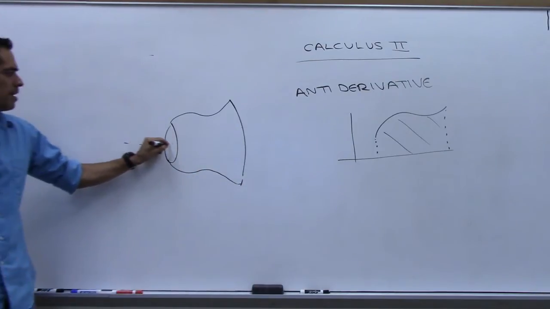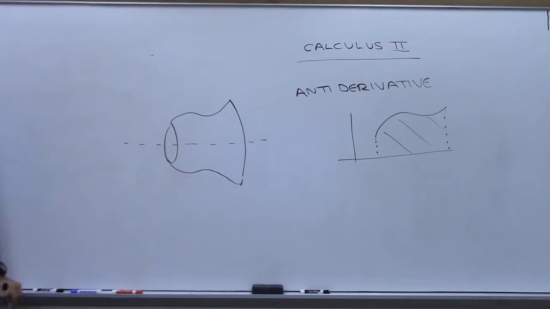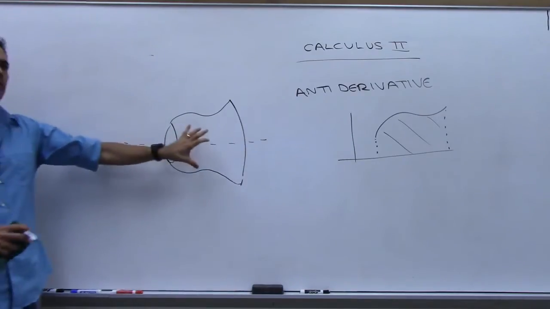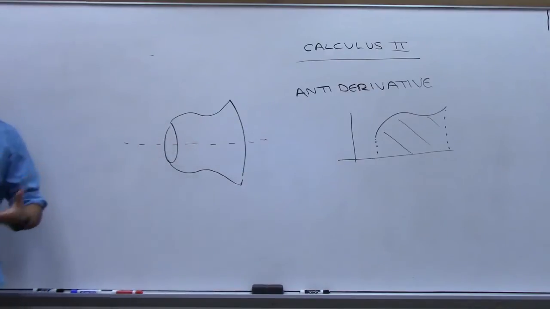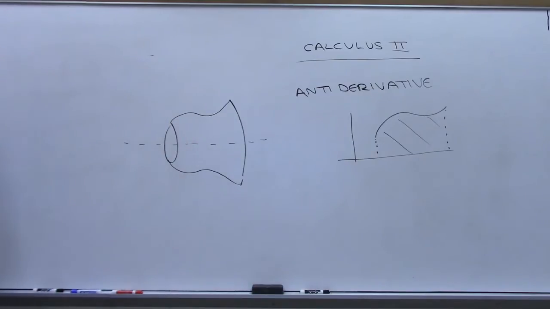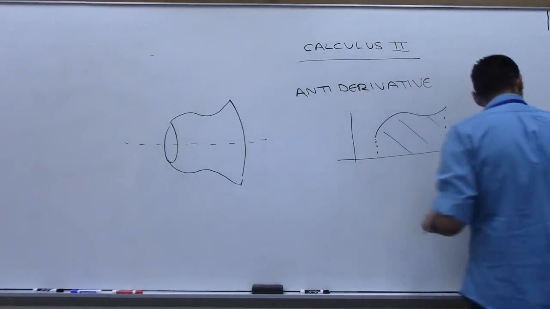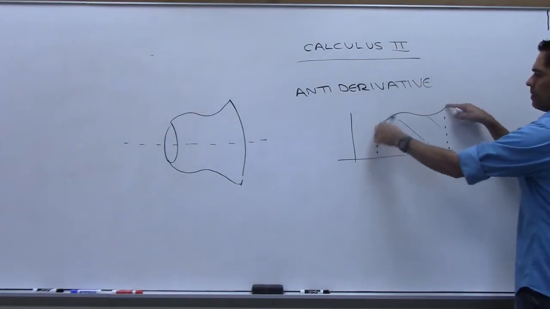Here's the x-axis going through the middle. We rotate that around. And this solid is three-dimensional, has a volume to it. It has a surface area, right? There's a lot of different things that we can now talk about. So we'll try and figure out what the volume of that is and what the surface area of it is.